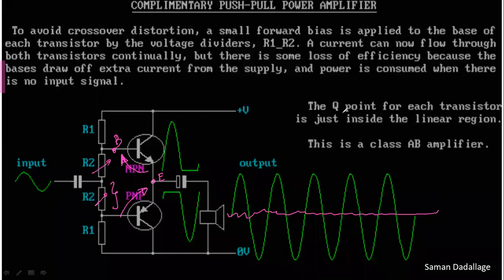You have to tune these R2 resistors properly. Then when your input equals 0, both the NPN and PNP transistors stay in the cutoff region. Just select a proper value; you have to tune it. Once you tune it, you can maintain all currents at 0 when your input equals 0.